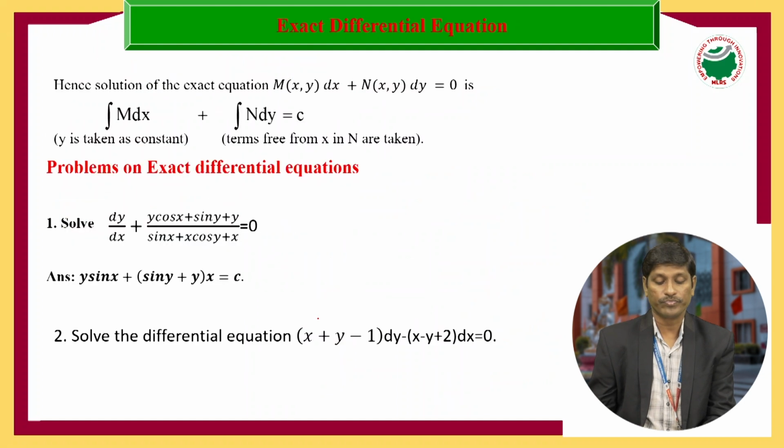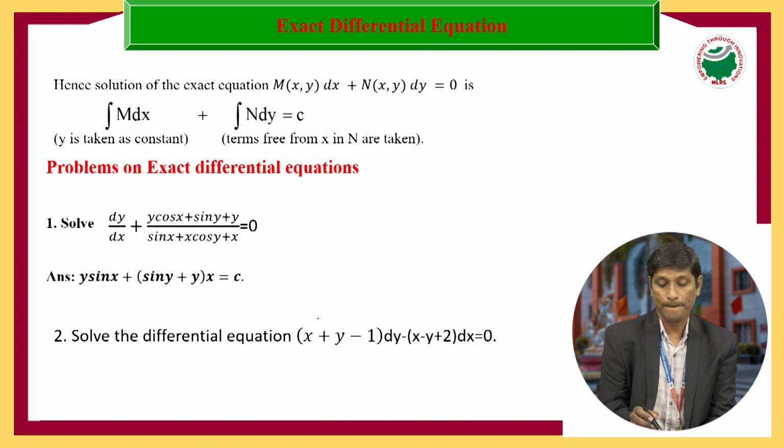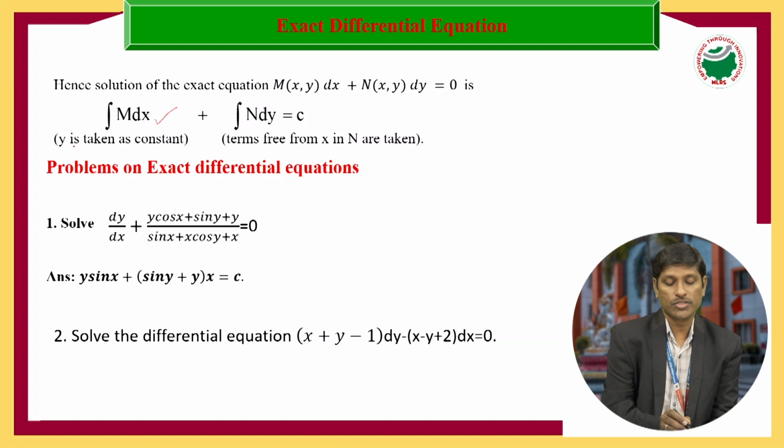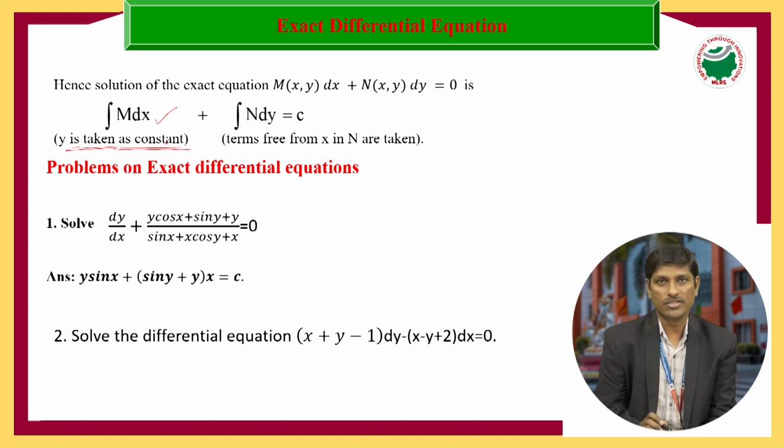This is the solution we are choosing: M(x,y) dx plus N(x,y) dy equals the integral of M dx, but when you are applying integration, y should be treated as a constant, and next plus the integral of N dy, equals the arbitrary constant c, where the terms free from x in N are taken.